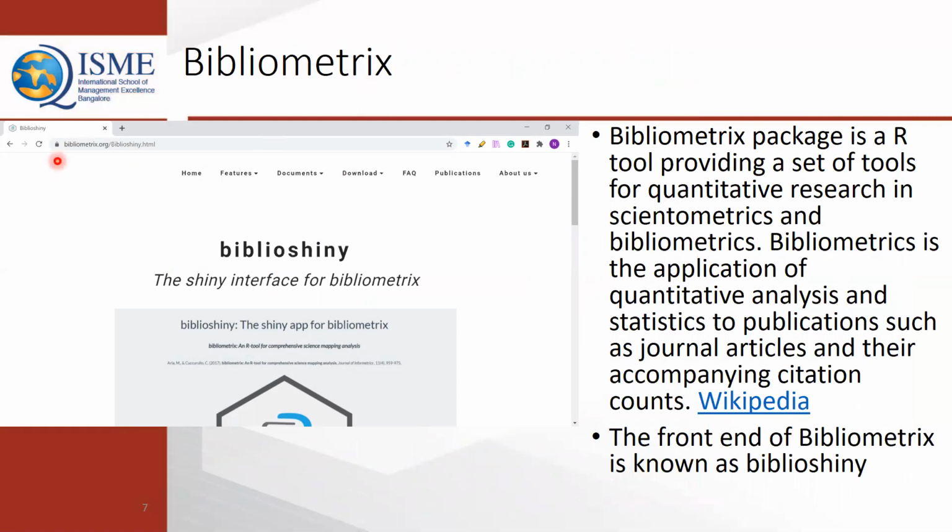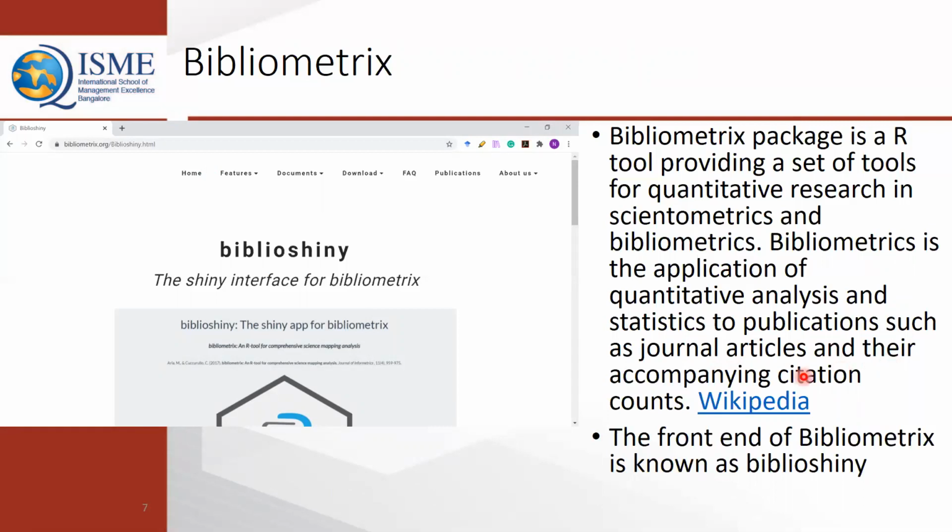In fact, the website for this tool is known as bibliometrix.org. Out here, Bibliometrix is an R tool providing a set of tools for quantitative research in scientometrics and bibliometrics. Bibliometrics is an application of quantitative analysis and statistics to publications such as journal articles and their accompanying citation counts.